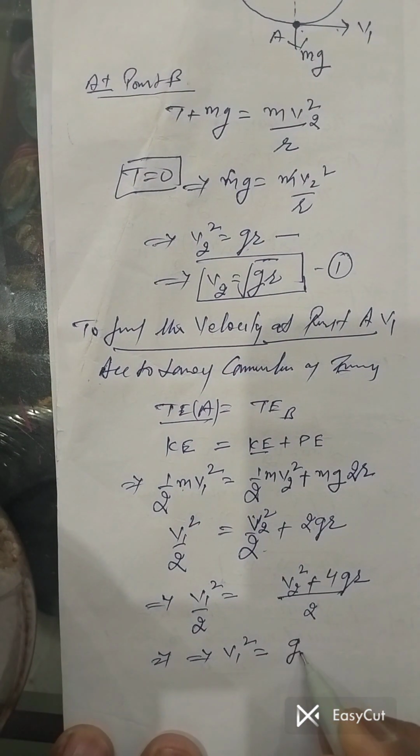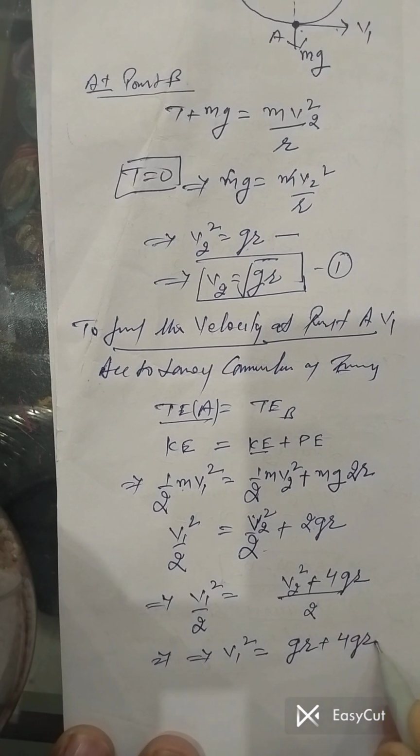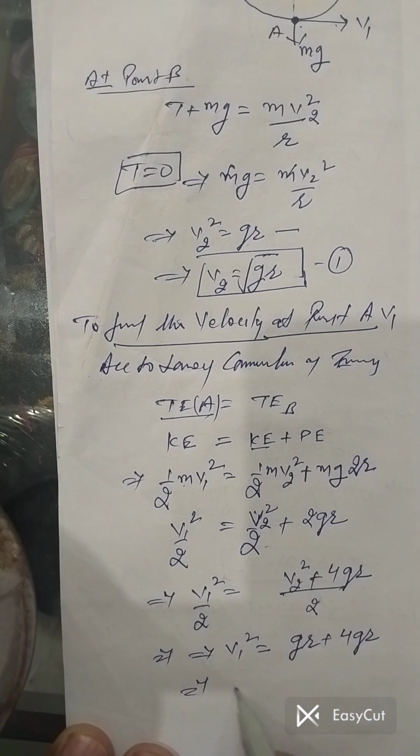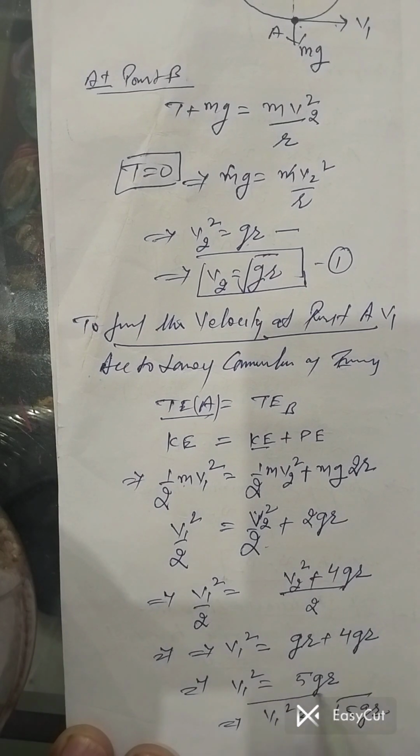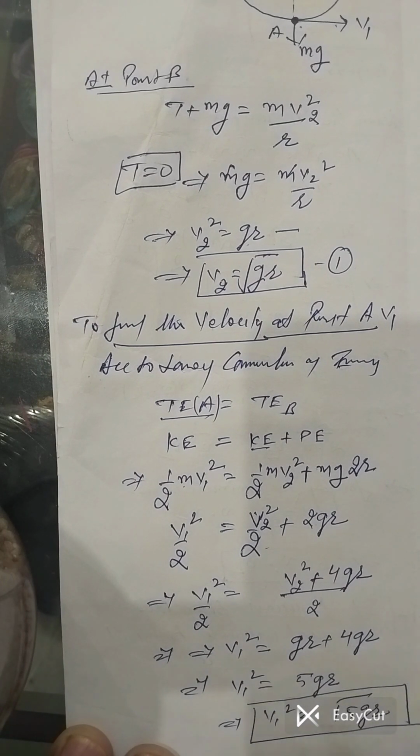So when I put gr plus 4 into gr, v1 square is equal to 5 into gr, that is, v1 is equal to under root 5gr.